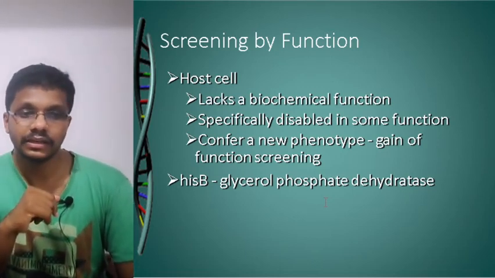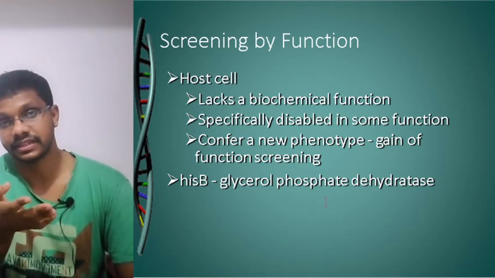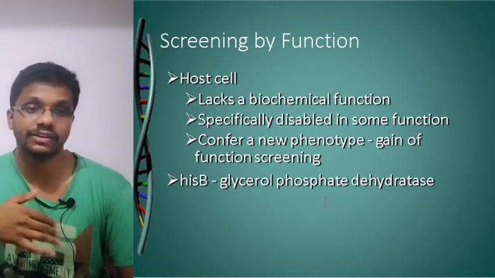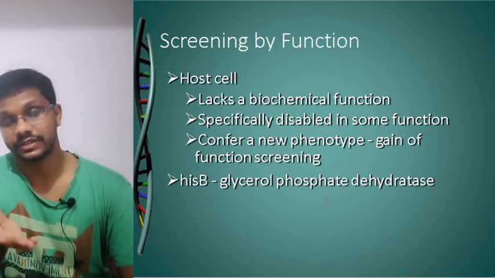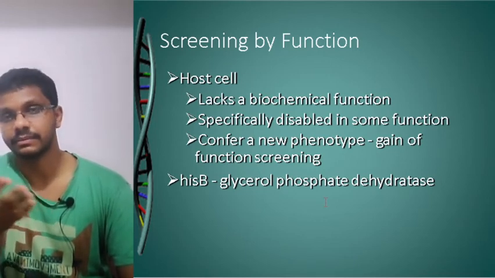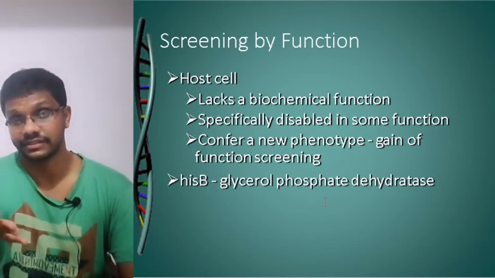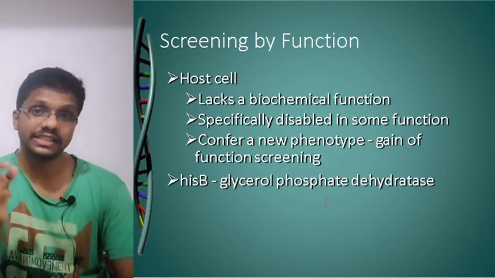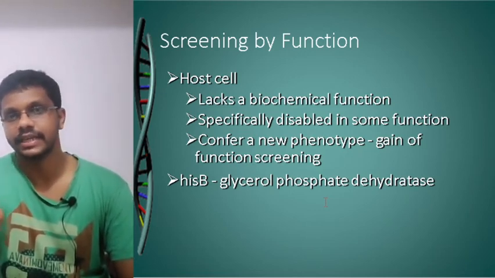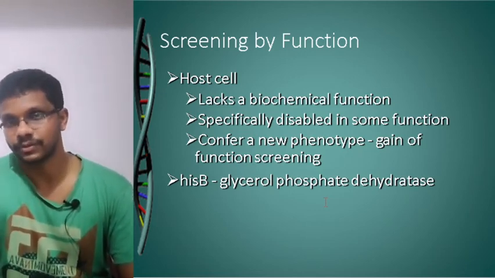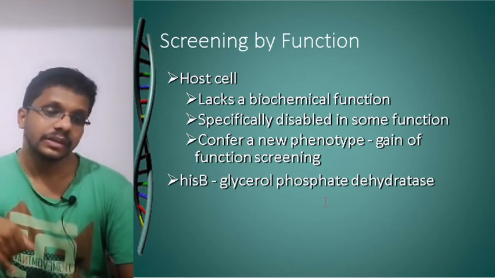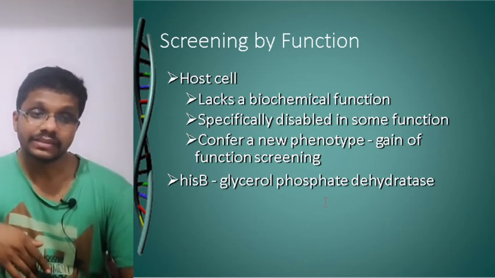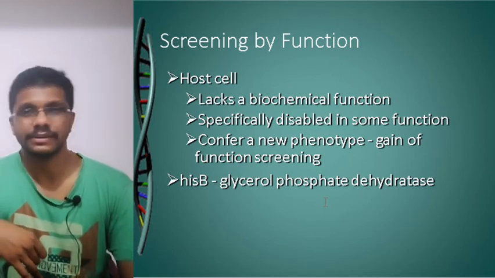Then we can use specifically disabled functional hosts. After recombination, the function will be regained, or some of the cells, after inserting a particular DNA, will have a different function, just like GFP. If you insert the green fluorescent protein DNA into the cell, it will produce the green fluorescent protein and glow. Like that, we can screen cells based on function, but it has very limited applications.